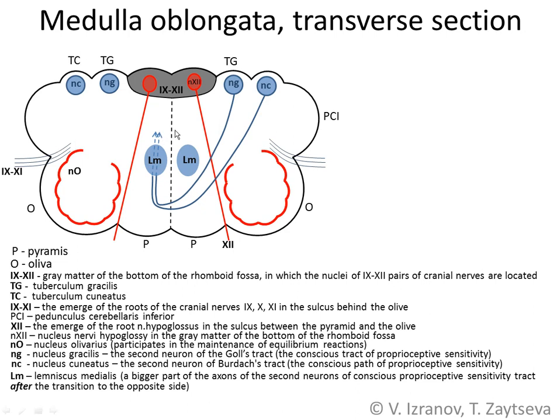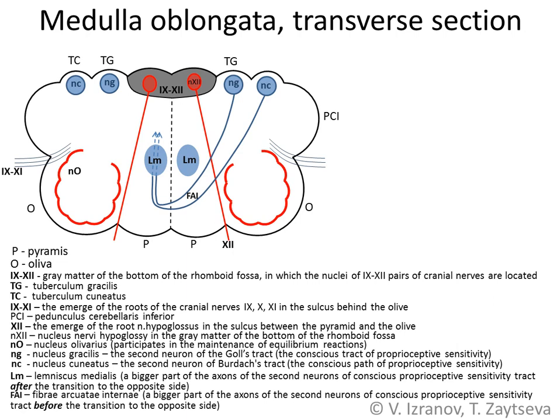So after it goes through the midline, then that part of it before transition to the opposite side is designated by the abbreviation FAI.